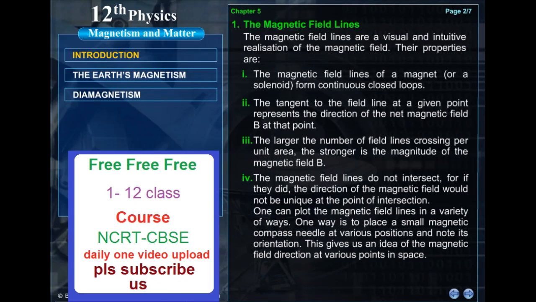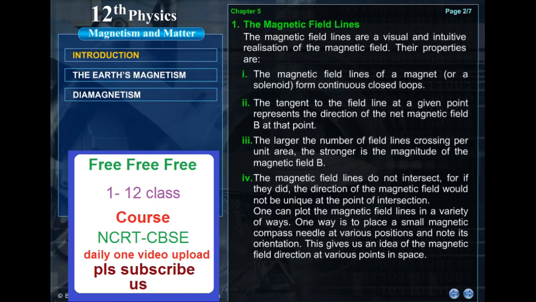The larger the number of field lines crossing per unit area, the stronger is the magnitude of the magnetic field B. The magnetic field lines do not intersect, for if they did, the direction of the magnetic field would not be unique at the point of intersection.